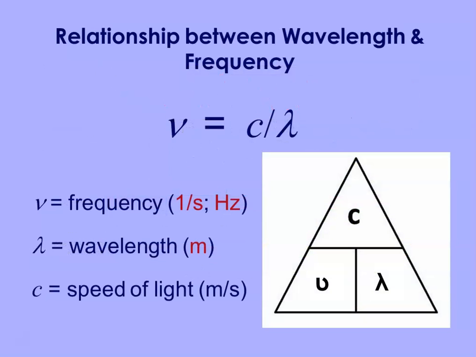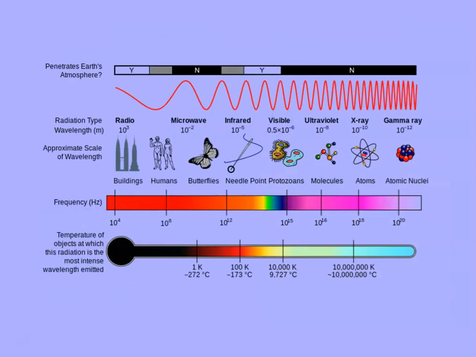I do want to point out that you also will see frequency in Hertz, which you tend to hear with the radio stations when they refer to AMs or FMs. And that's just talking about the unit of seconds to the -1.